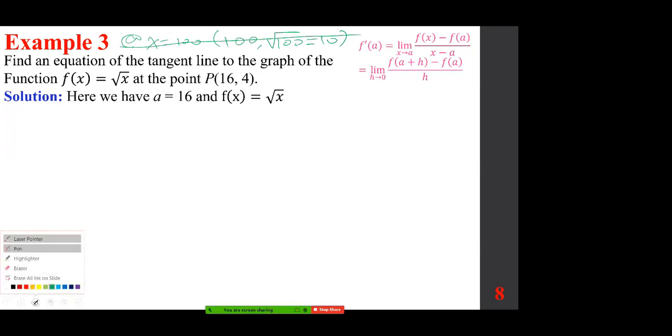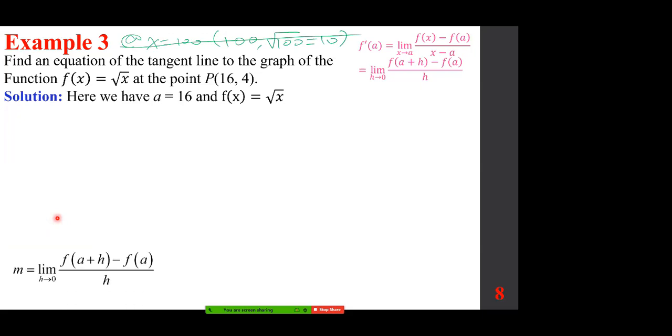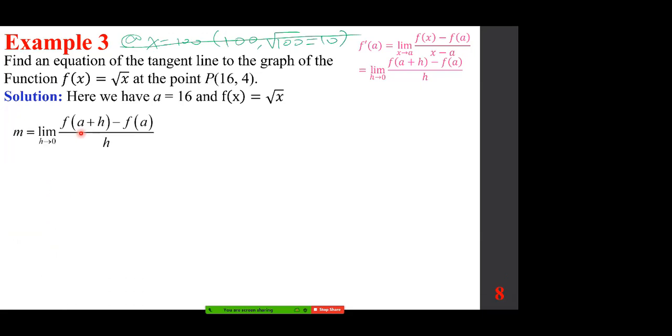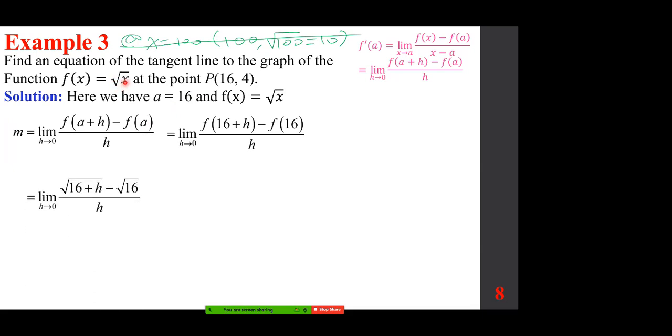So if we stick with this definition and replace the a with what number? Number 16, okay? So we replace this with 16 plus h, and then you have a choice, class. For f of 16, you know the answer is 4. You can use that, or you can just write square root of 16, just in case it's not given, okay?